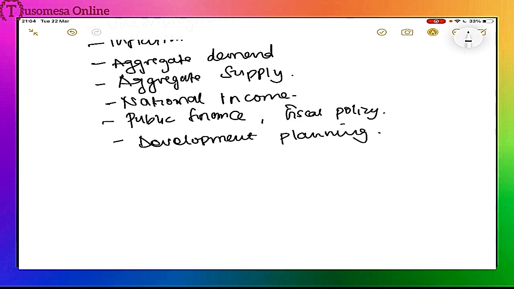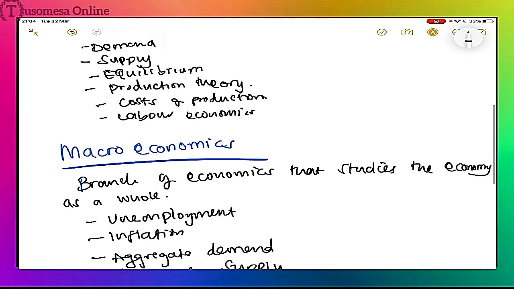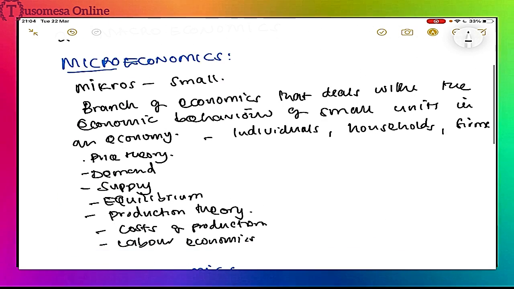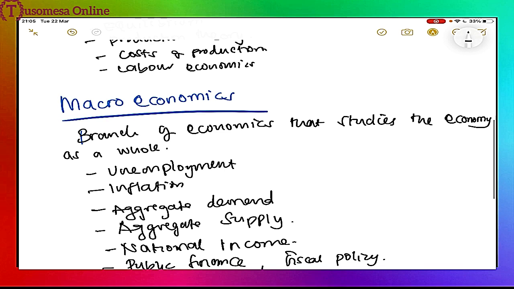So those are the different types of economics that we have. We have microeconomics, which is the branch of economics that deals with the behavior of small units in an economy, while macroeconomics is a branch of economics that studies the economy as a whole. All right.